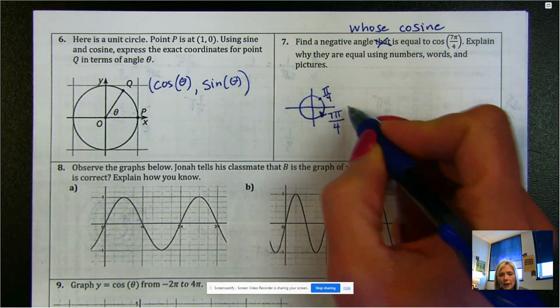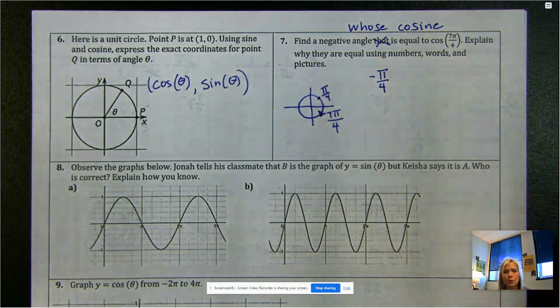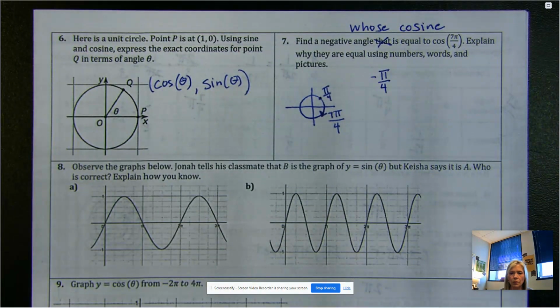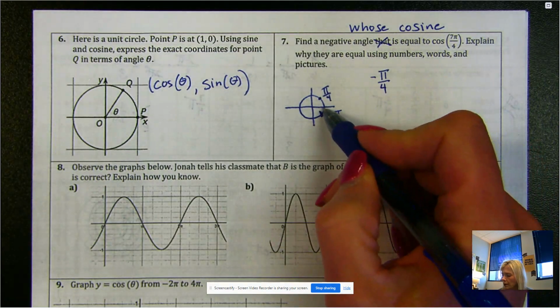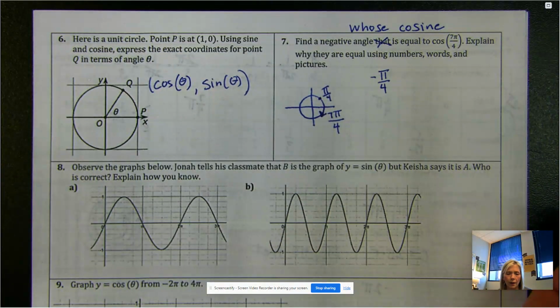So I know negative pi over 4 also has the same cosine, actually also the same sine value as 7 pi over 4 because it would land in that same spot, and so share the cosine and sine values.